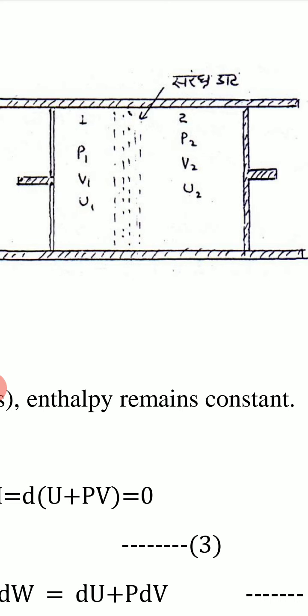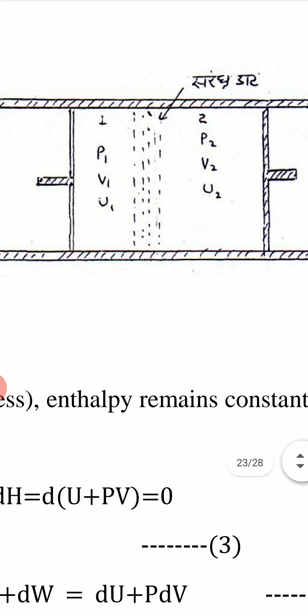Initially, volume of gas is V1 in chamber 1 and when it reaches chamber 2, its volume increases and becomes V2. Let U1 be the internal energy in chamber 1 and when this gas reaches chamber 2, its internal energy is U2.